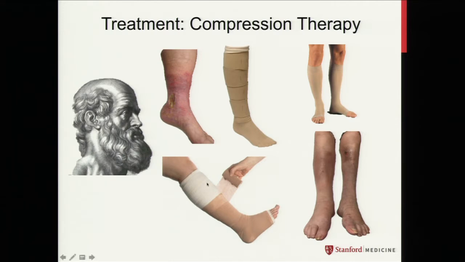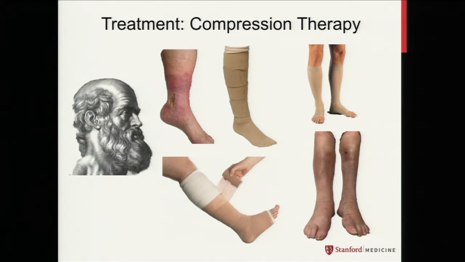So compression stockings have been around since the time of Hippocrates. You would compress and wrap the legs up, and that would cause a scaffold around your legs. So instead of your veins ballooning up, your legs ballooning up, it creates a scaffold so that they are somehow contained.